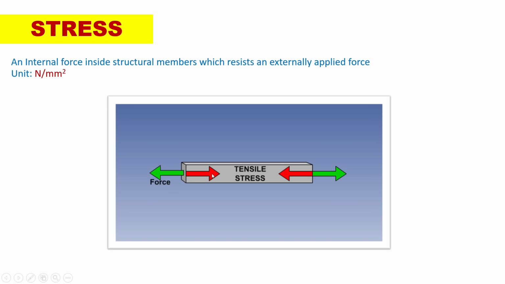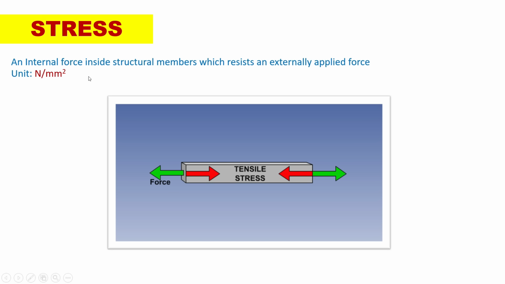So these red arrows here are the simple definition of stress, right? So stress is an internal force. You can see it is an internal force because it is acting internally within the system, right? So it is an internal force inside the structural member which resists an externally applied force.